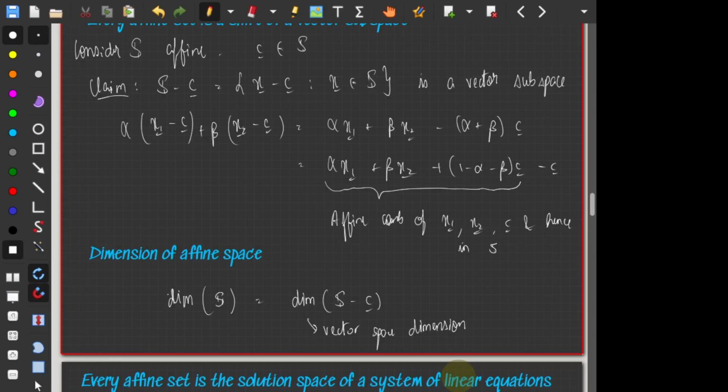But how do we make this claim more generally? In Rn, every affine set can be written as the solution space of a system of linear equations.